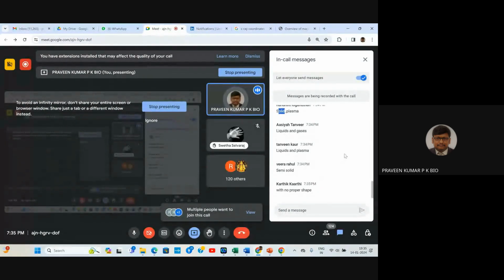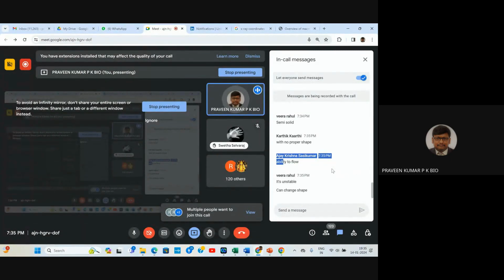If you fill a liquid like water, the water assumes the beaker shape. Ability to flow, of course, is also a property of a fluid. Not only ability to flow, but also it should take a shape. If you have a container and fill water, it gets the container shape. If you fill a gas, then even the gas will occupy the container shape accordingly.